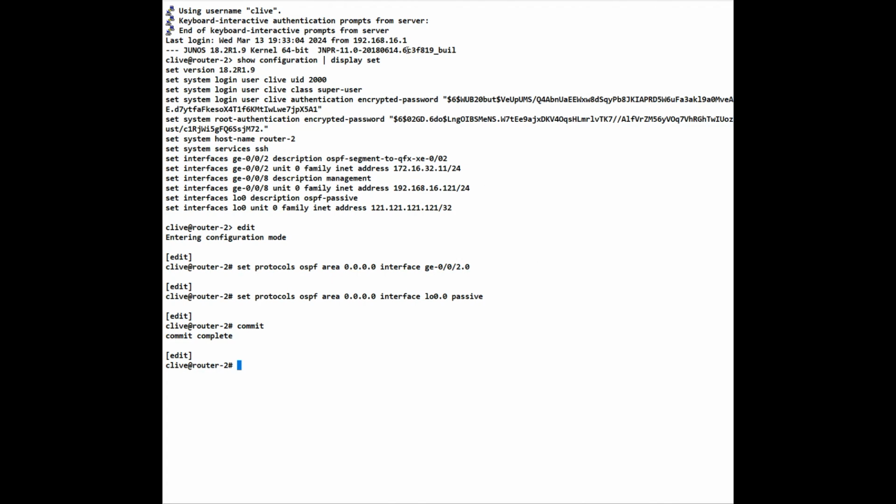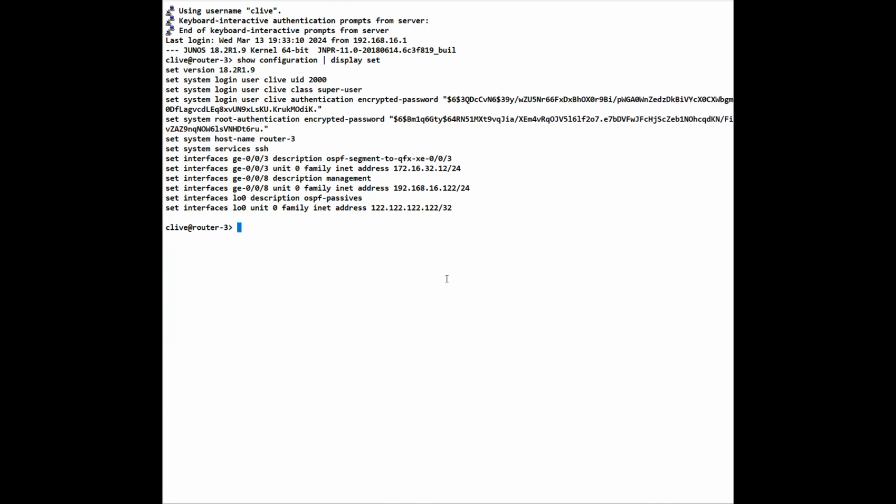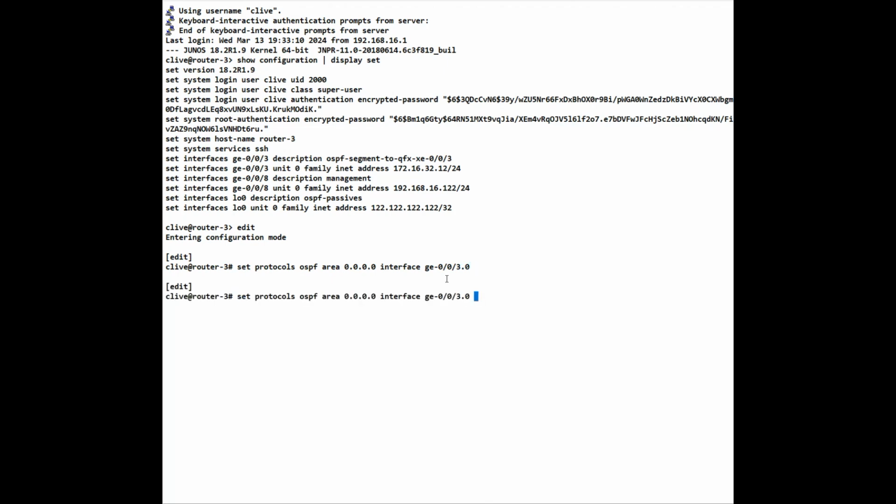So let's go ahead and do router 3 now. We'll go into edit mode and we'll do set protocols OSPF area 0000 interface GE-003.0 on this system. But we also need the loopback on there, so we do LO0.0 and we want to make it passive. And we'll commit this one.